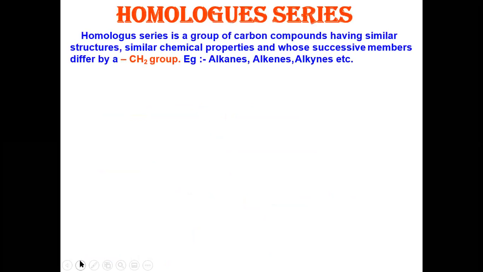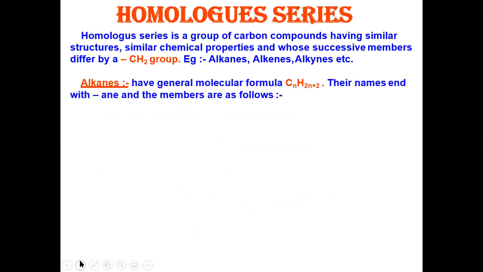Now we will discuss homologous series. A homologous series is a group of carbon compounds having similar structures, similar chemical properties, and whose successive members differ by a CH2 group, like alkanes, alkenes, alkynes. Alkanes have the general molecular formula CnH2n plus 2.